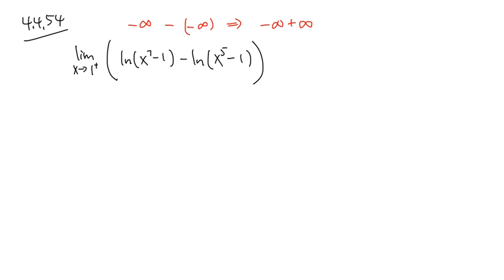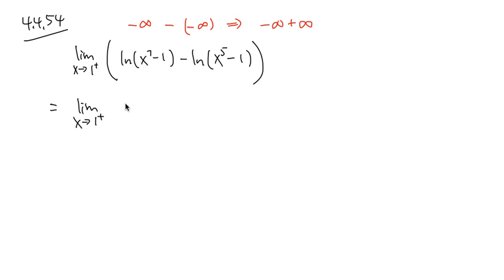Well, the work that we're going to do is take advantage of the fact that we are subtracting 2 ln, so we can use the ln property. When you're subtracting 2 ln, you can combine them into just 1 ln, and then the inside will be a quotient. Before that, let me write down the limit when x is approaching 1 plus.